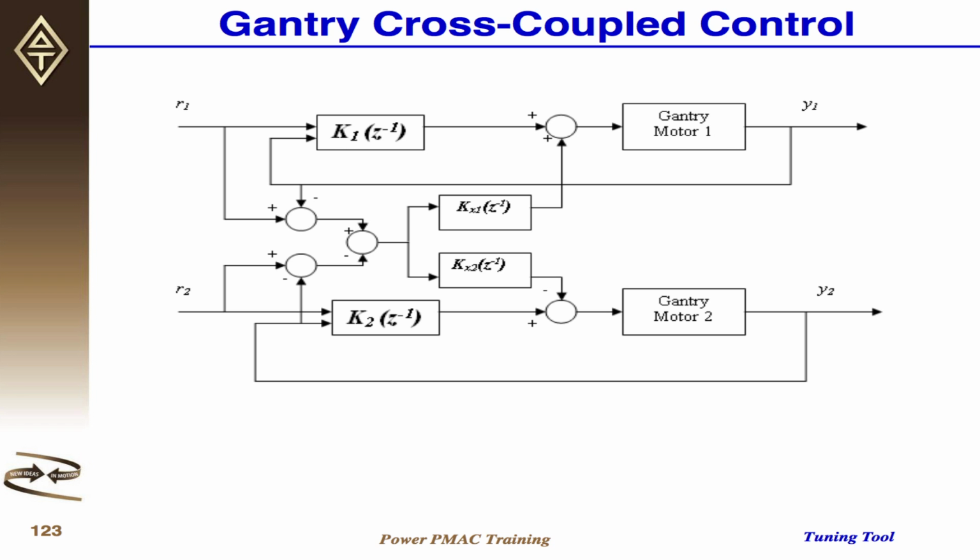So on top of the standard servo algorithms running on these motors, the algorithm checks for the following error in between these 2 motors. And we have PID terms to compensate for it. Okay? So this way they are coupled, and you can minimize the skew while you're doing a move. And there will be less stress on the bridges, of course.